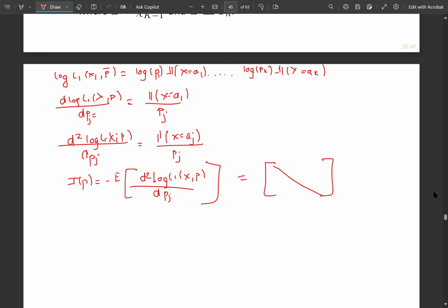These elements will be non-zero and these will be zero. Now we have to find what those diagonal elements are.